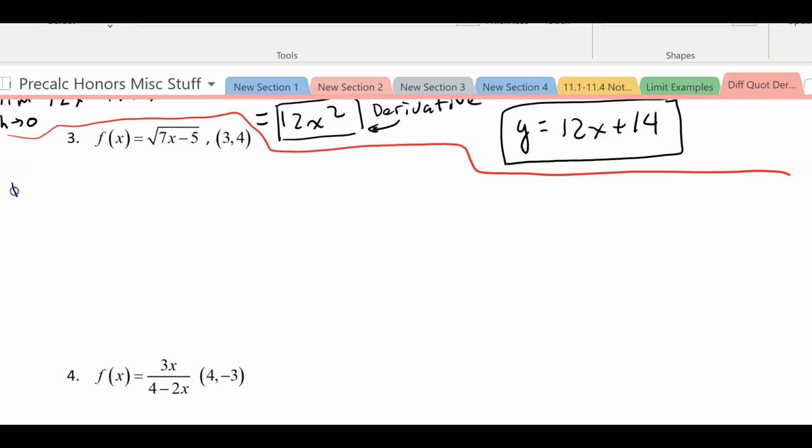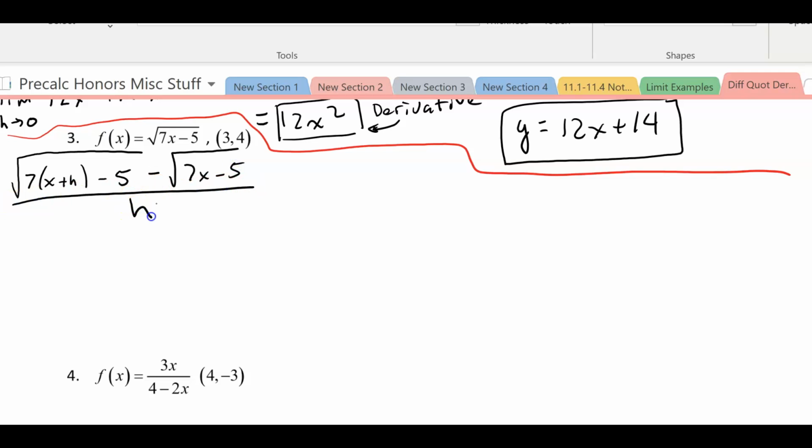So I'm going to have the square root of 7 times x plus h minus 5 minus the square root of 7x minus 5 all over h. So this is f of x plus h, and this is f of x. So let's do a little simplifying.